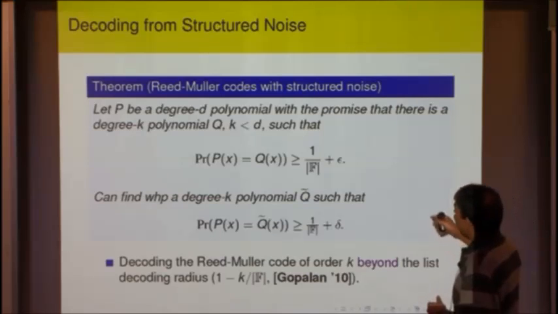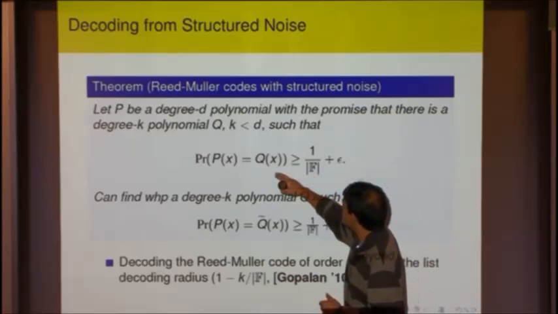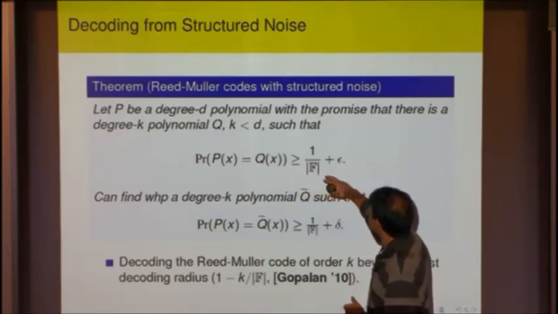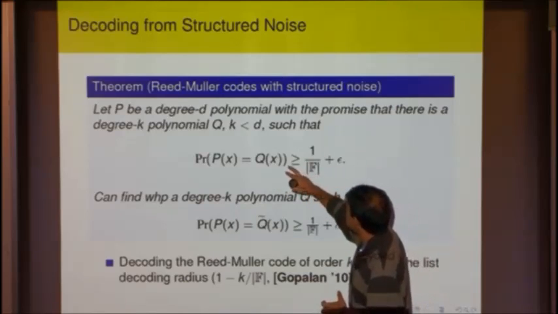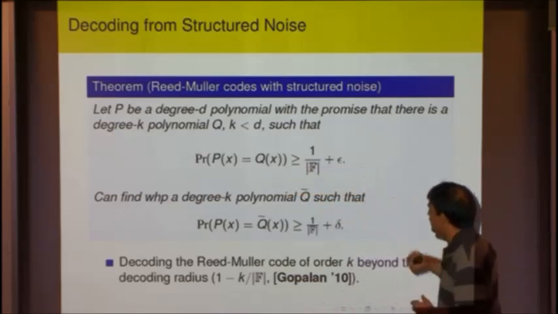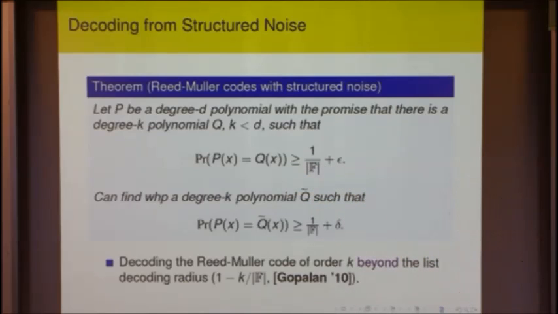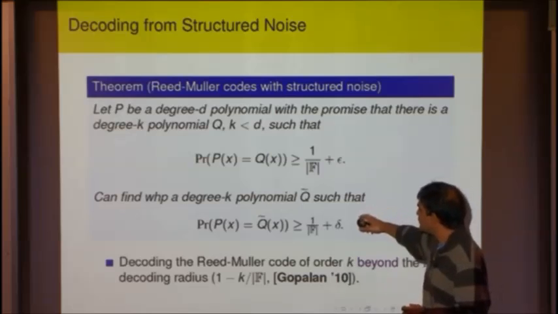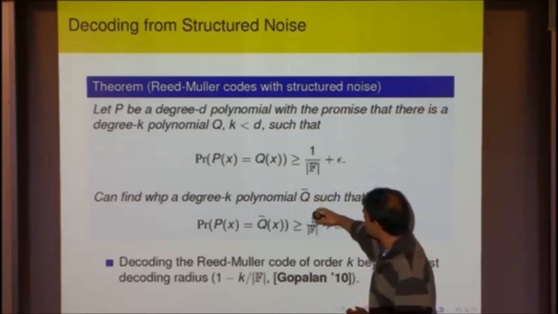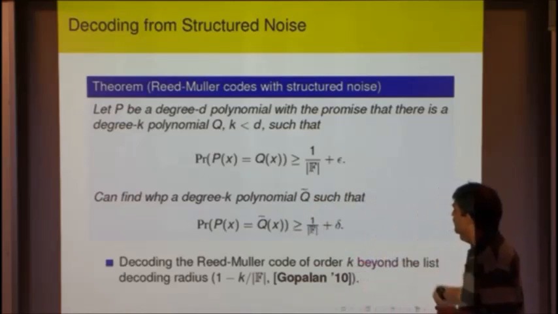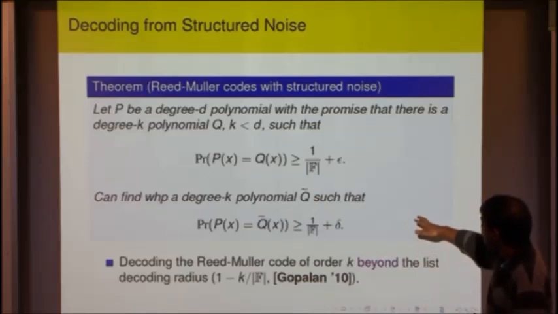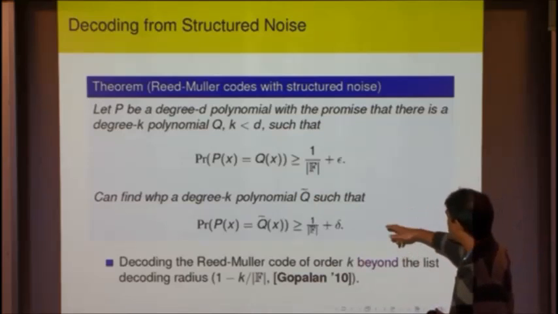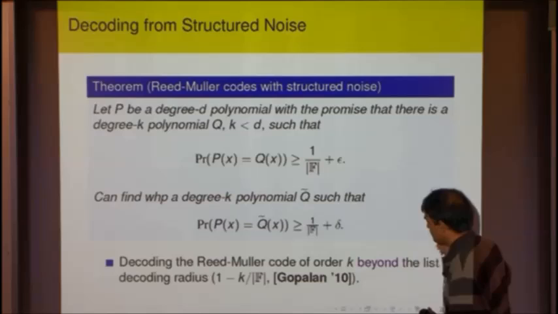If you know that P agrees with Q on at least 1/F plus epsilon fraction of places, then we can find a degree k polynomial Q tilde such that P and Q tilde agree on 1/F plus delta fraction of places, where delta depends on epsilon.